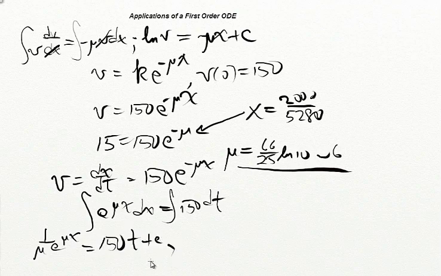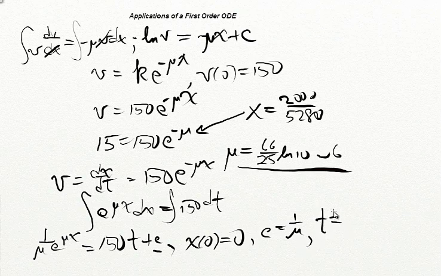And the last thing to do is determine C by using the fact that at time t equals 0, the sled hasn't gone anywhere, so x of 0 is 0. So you plug that in, which enables you to determine C, namely C is 1 over mu. And then you solve that equation for t, which I'll just write down.